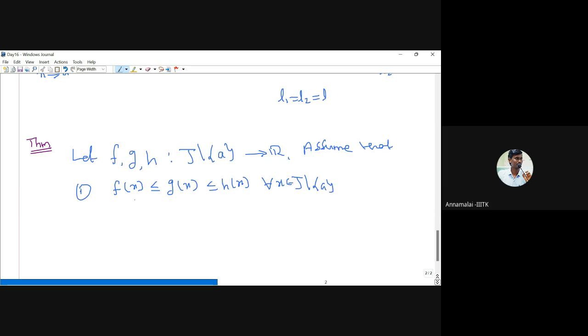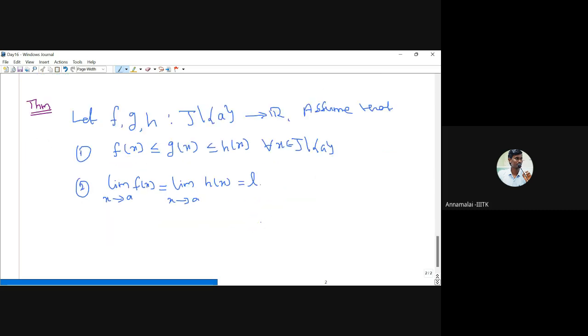And suppose the limits of the two endpoint functions exist, that is the limit as x tends to A of f of x exists and is equal to the limit as x tends to A of h of x. Both exist and are the same, and suppose we call that value L, then the theorem says the middle function g of x also has limit L. That is the sandwich lemma, the squeeze theorem. So the limit as x tends to A of the middle function g of x exists and that value is L.